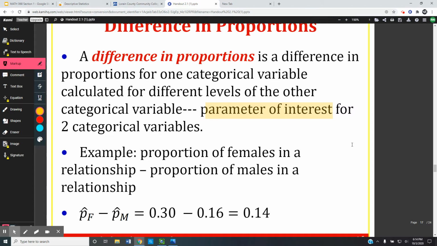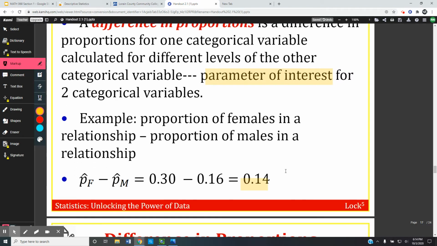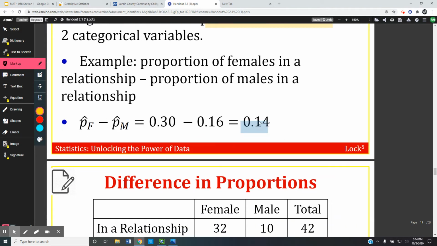Example, a proportion of females in a relationship minus the proportion of males in a relationship. So p-hat of female minus p-hat of male is 0.30 minus 0.16, which means that the statistic that we are looking at, there we go, 0.14. This is my statistic of interest.